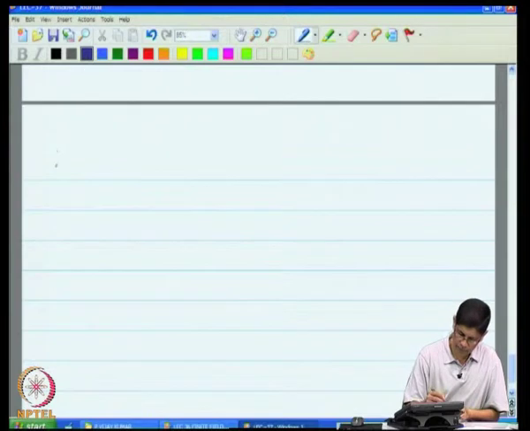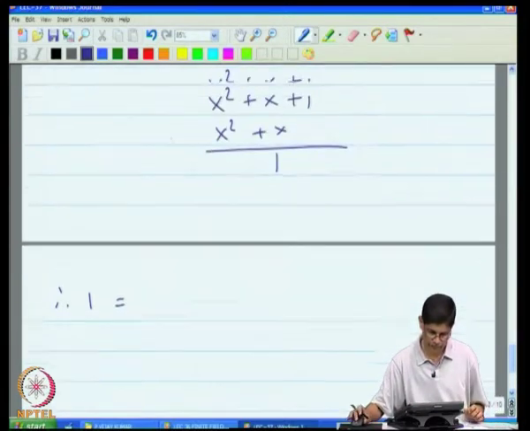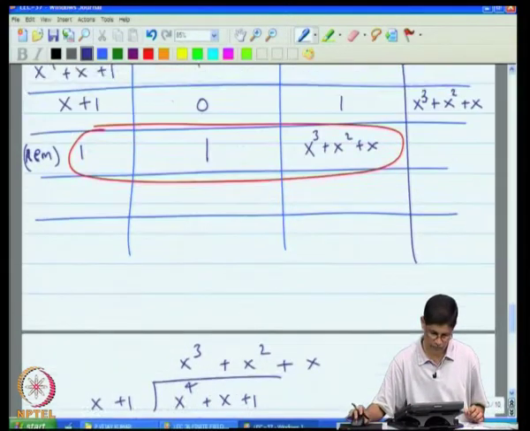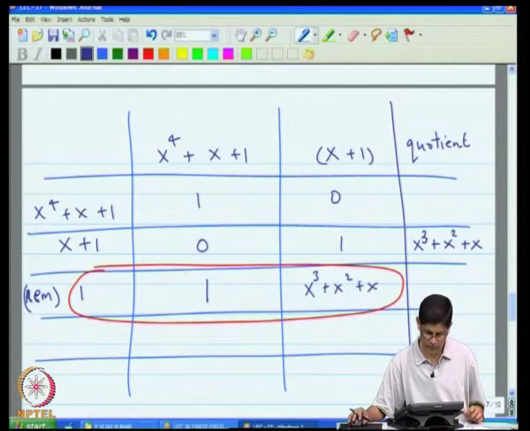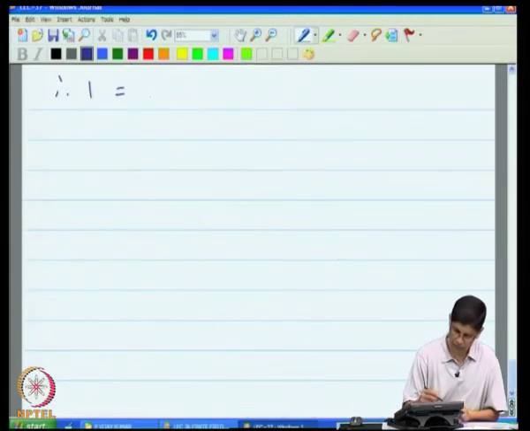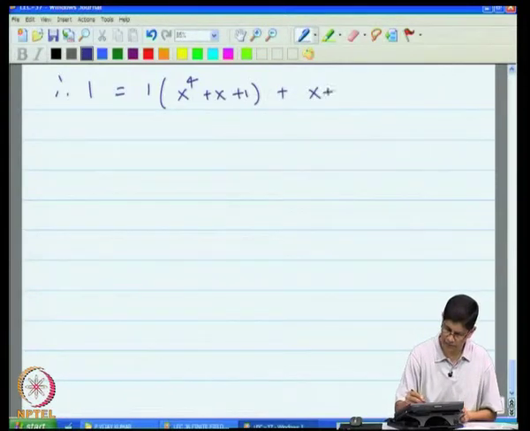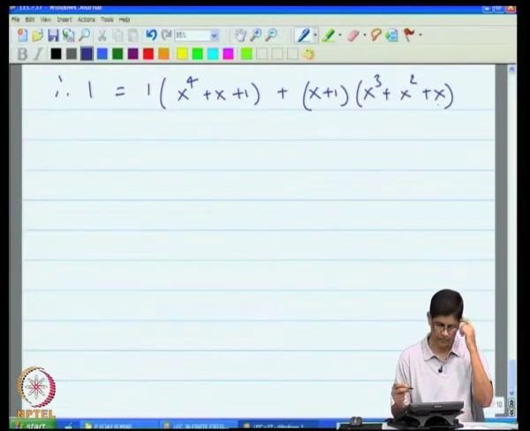So therefore, 1 is equal to 1 into x^4 plus x plus 1 plus x plus 1 into x cubed plus x squared plus x.